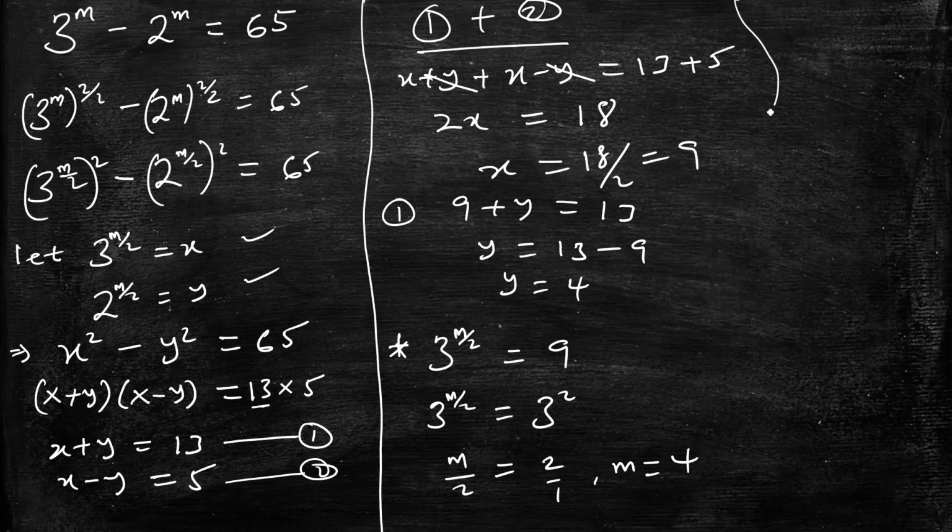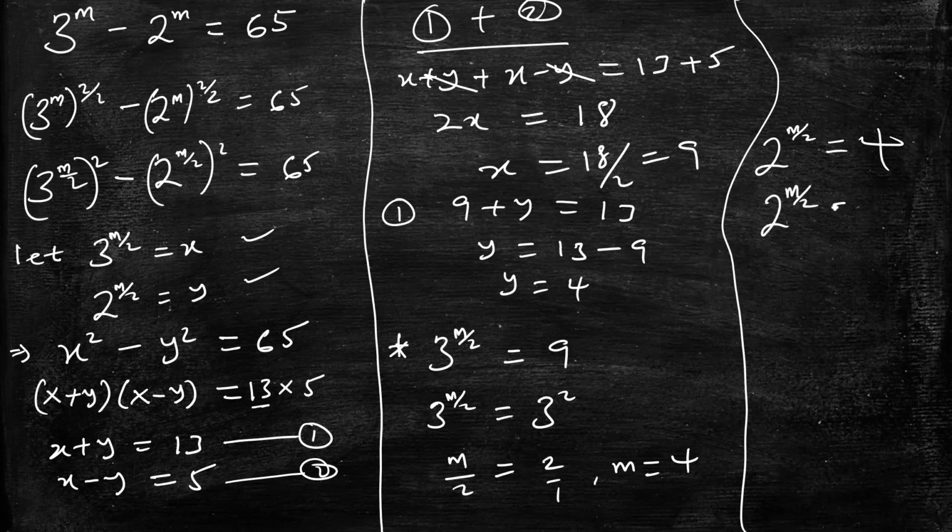So let's do the same to 2 raised to m on 2 equals y. y is 4. So 2 raised to m on 2 equals 2 to the power 2. So m on 2 equals 2. All right, so my m is still 4. Okay, that's that.